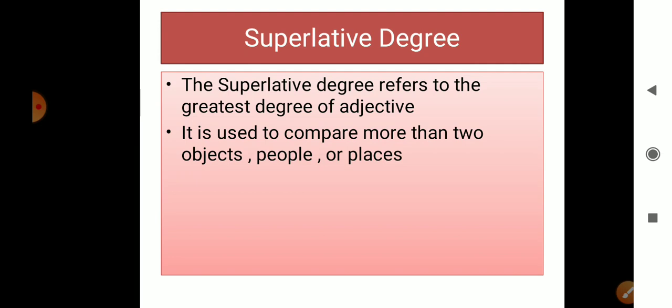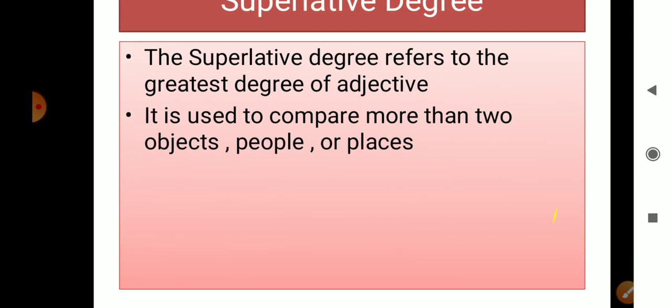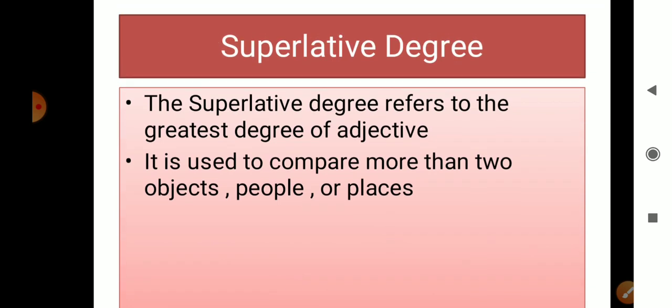So it is the greatest degree, the top level degree amongst positive and comparative. The superlative degree refers to the greatest degree of an adjective. It is used to compare more than two objects, people or places. So this is known as the superlative degree.